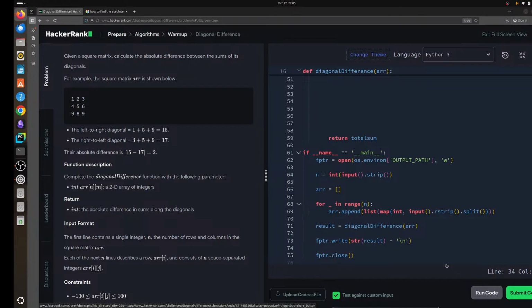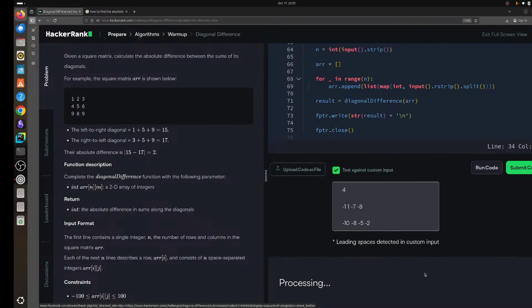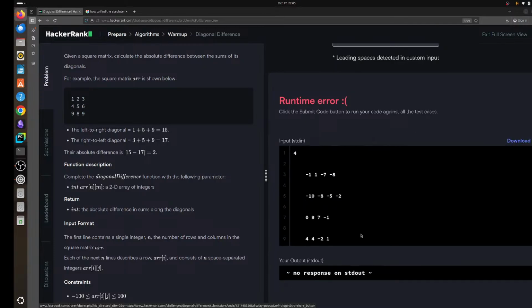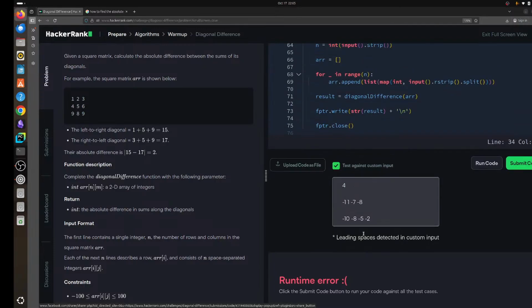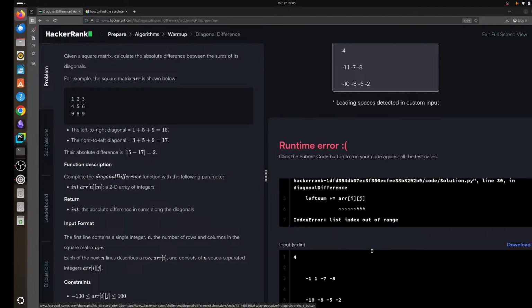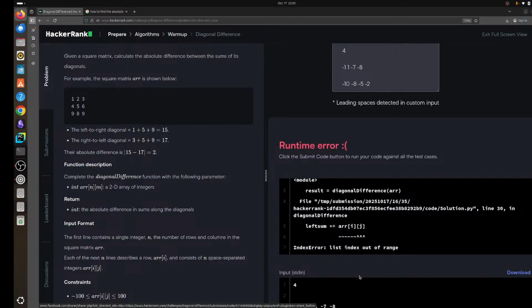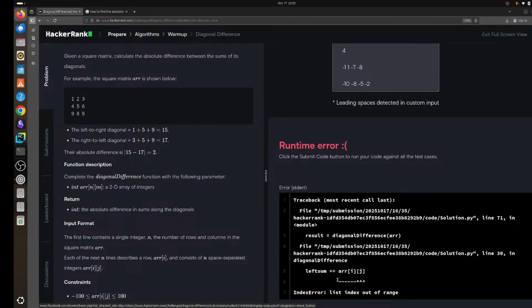Now try to run the code. Still we have this error, index out of range.